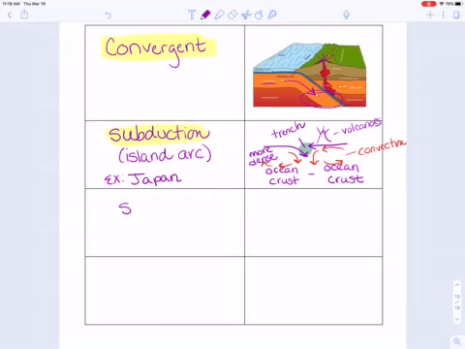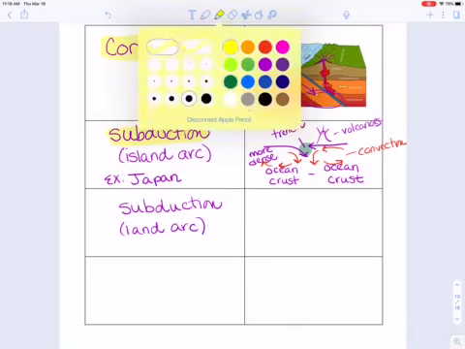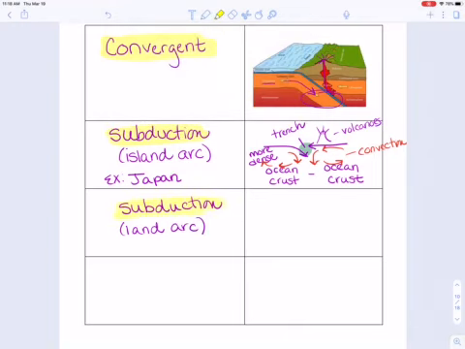So now we're going to look at another type of subduction. And this is a land arc. So it's occurring on land. It's the same thing. One plate sinks under the other.